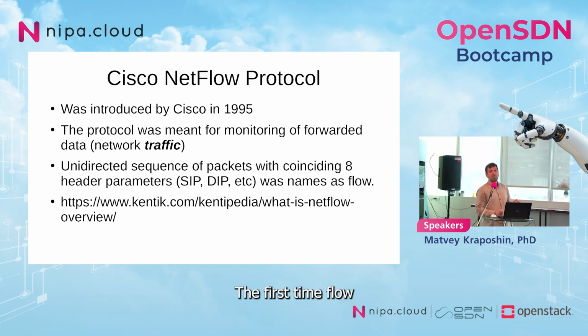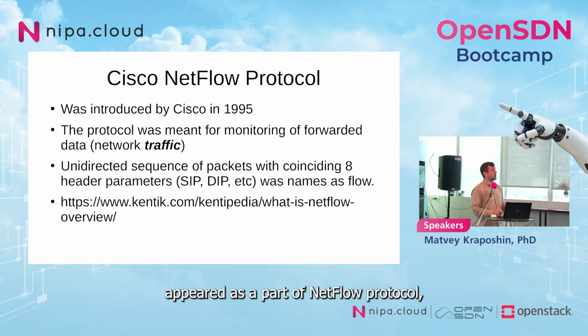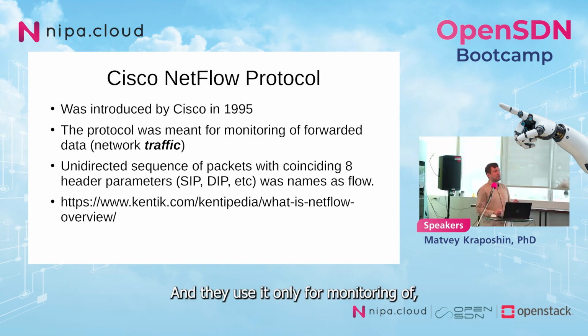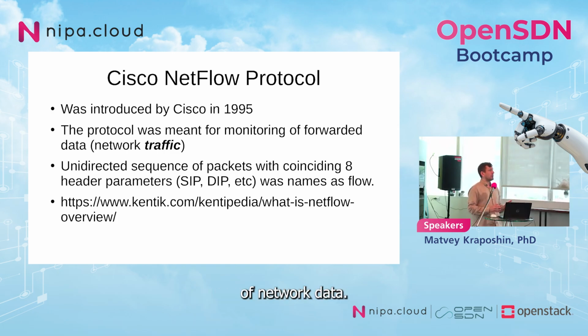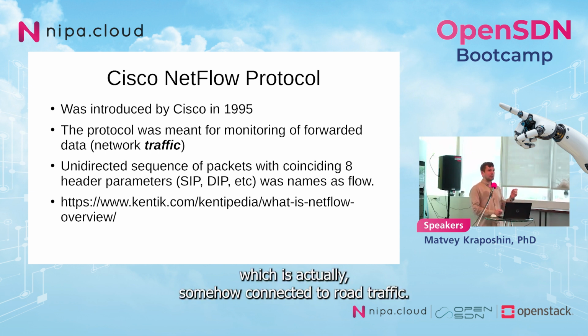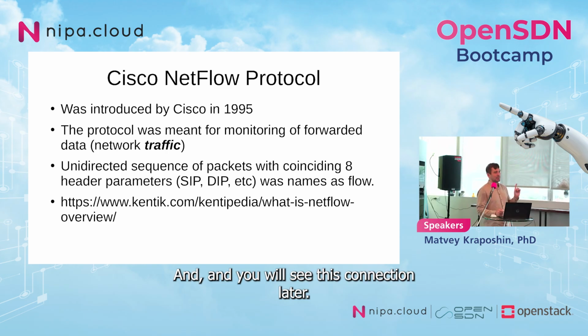The first time flow appeared as a part of the NetFlow protocol, which was invented in Cisco in 1995. And they used it only for monitoring of network data. And it's interesting that they use the term traffic, which is actually somehow connected to road traffic, and you will see this connection later.